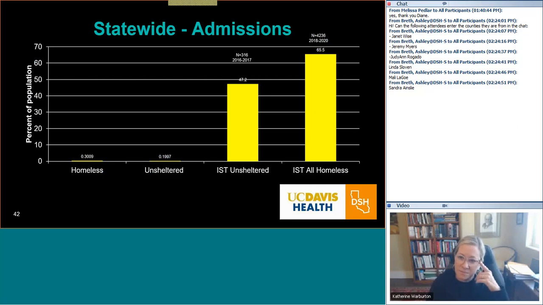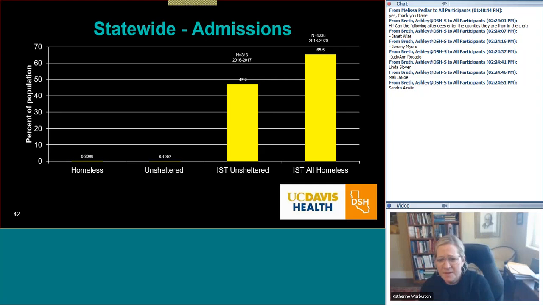And so that smaller sample I told you about where we went out statewide in 2016-17, we started looking at the issue of homeless status. And in that first sample we did, we were stunned to find that 47% of the individuals that we're admitting as incompetent to stand trial were in an unsheltered condition at the time of their arrest. Not living in a shelter bed, not living in a car, but living on the open street, unsheltered.